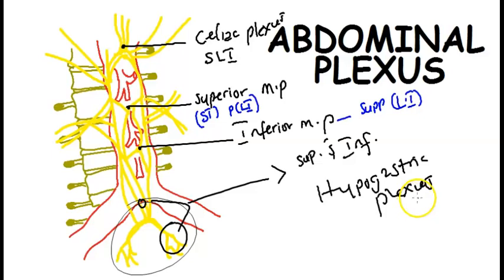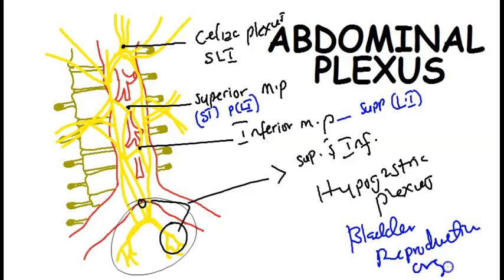What it does is it simply controls the bladder and then the reproductive tract. And this literally makes sense because it's downward here, and that is where we find the location of the bladder and then the reproductive organs.